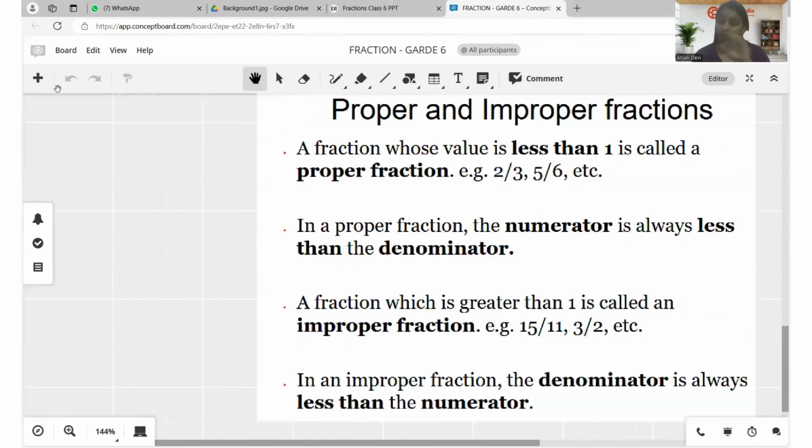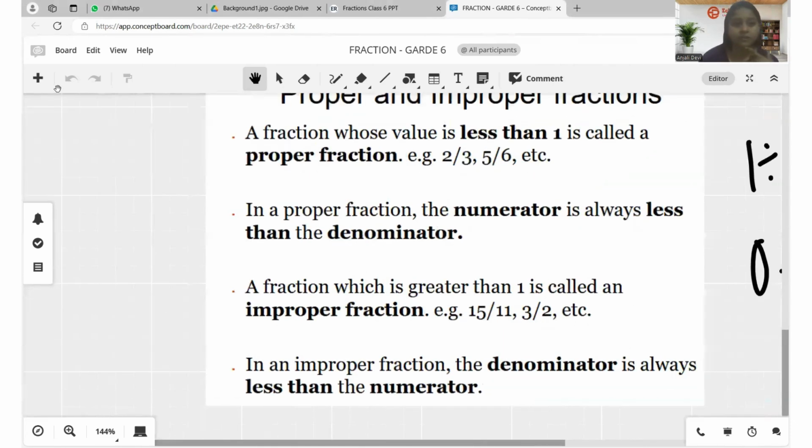So if I put it in division format, for a proper fraction, it's 2 by 3. It is going to be like 3 and 2. The answer that we're going to get is in decimal, because you put a decimal, you take a 0, and then 6 threes are 18, and you have 2, you already have a decimal, you put a 2, it is going to be 0.666 something.